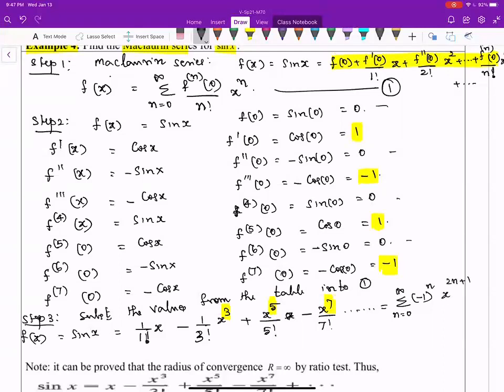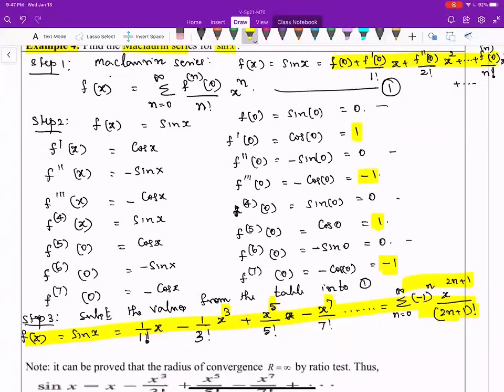You already saw that whenever you want to represent an odd number, it is either 2n minus 1 or 2n plus 1, divided by 2n plus 1 factorial. Then one more thing needs to be proved. So this is the representation. This is the Maclaurin series representation of sin x.